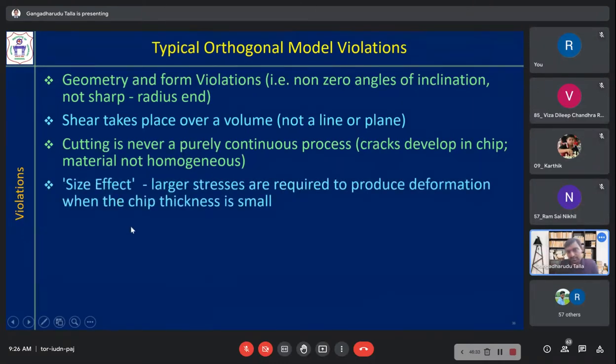Now size effect. Larger stresses are required to produce deformation when the chip thickness is small. Size effect is not considered many times actually. So if you want to remove a large volume of material, the amount of force required to remove unit volume is small.